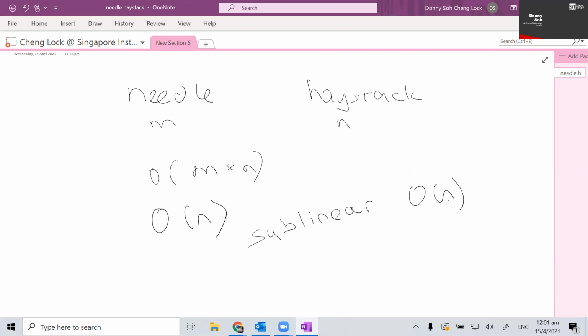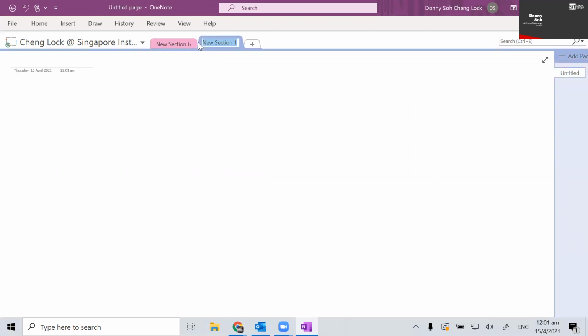So how does the Boyer-Moore algorithm work? Let's look at an example. In the Boyer-Moore algorithm, you are going to be matching the needle and the haystack, as we have seen so far.